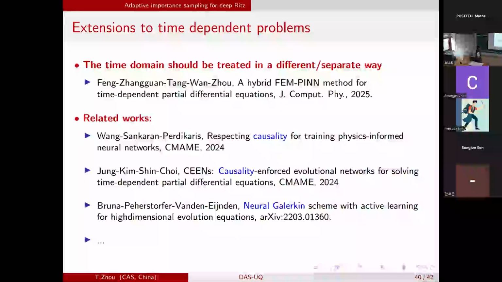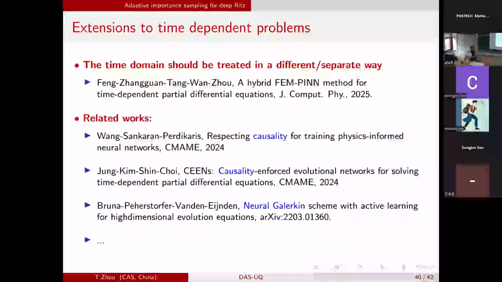You can see that there are also other approaches for time-dependent problems. I guess this one is given by Minsook. All of them consider causality for training a neural network for time-dependent problems. It's a similar idea. They just emphasize that for time-dependent problems, causality is important.